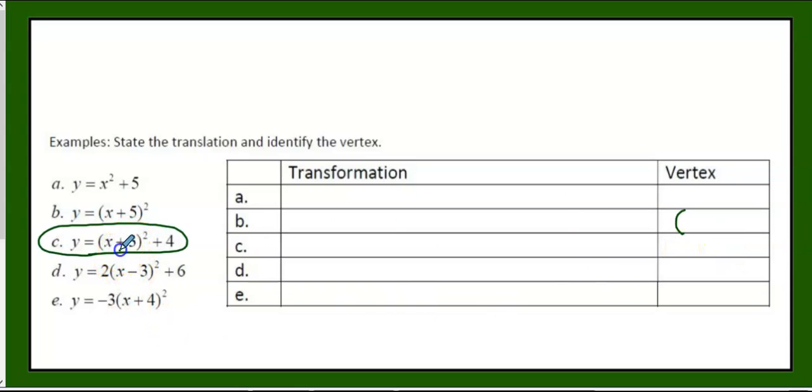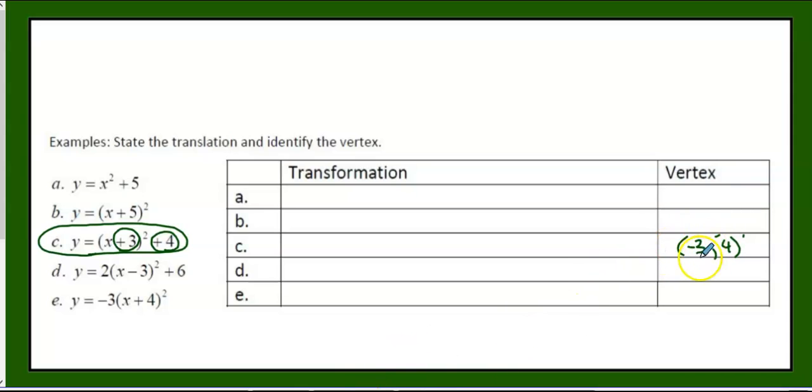The vertex is going to be the opposite of this number, -3. And then it's going to be this number right here, 4. So if you just look at the vertex, this is what I would call literal. Oh, and I put that on the wrong line, I'm sorry. -3, 4. There we go.